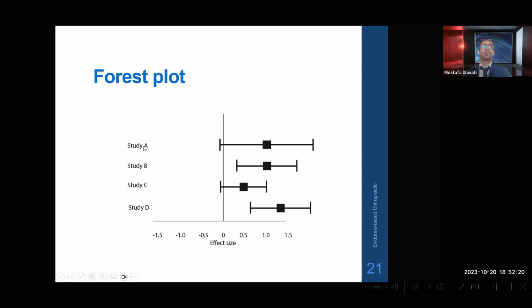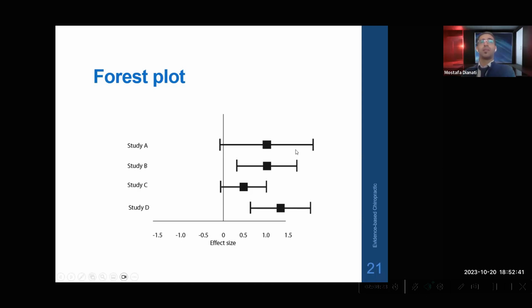There are different studies. This study mentioned that, for example, vaccination is, this is the effect size. Suppose this is RR, relative risk. This one has suggested that it can increase, for example, hair loss after vaccination.